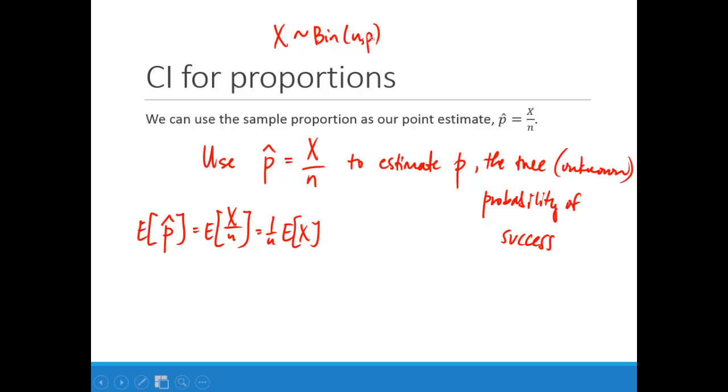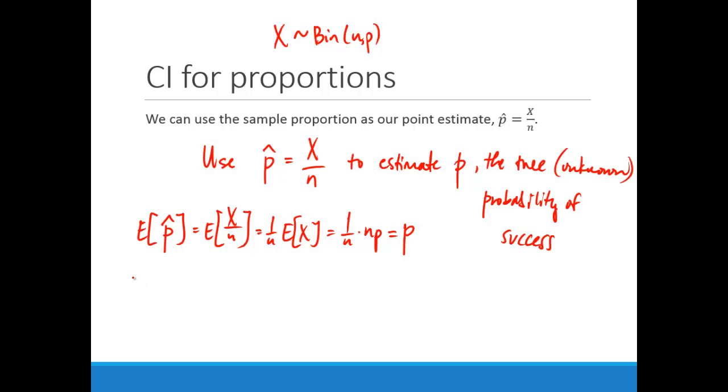So what's the expected value of X? Everybody said np. That's right. 1 over n times np gives us the right expected value. So p hat is going to be unbiased here for the true probability of success.